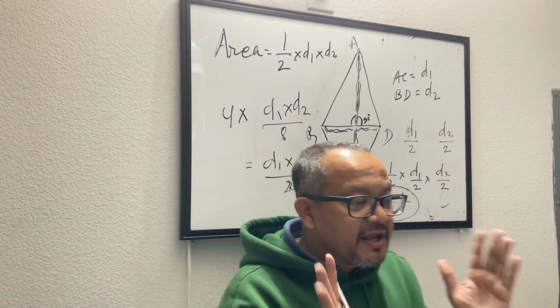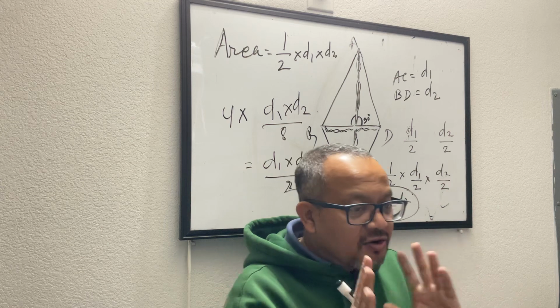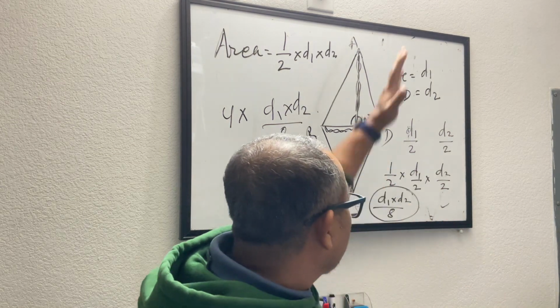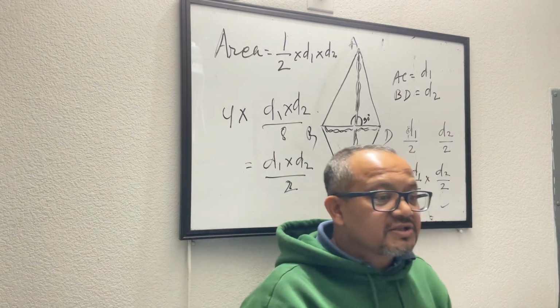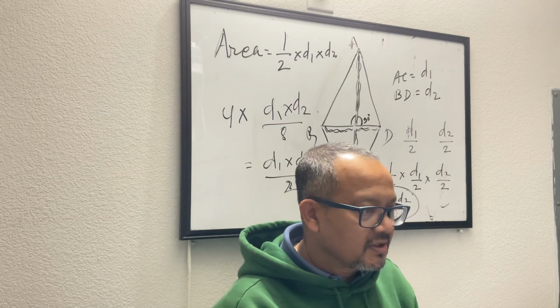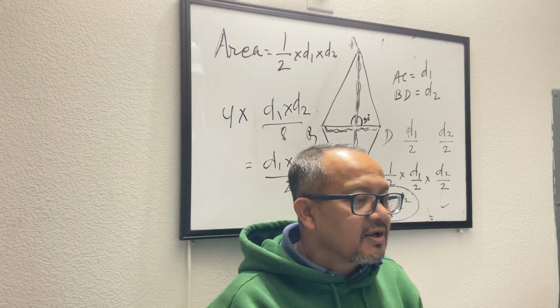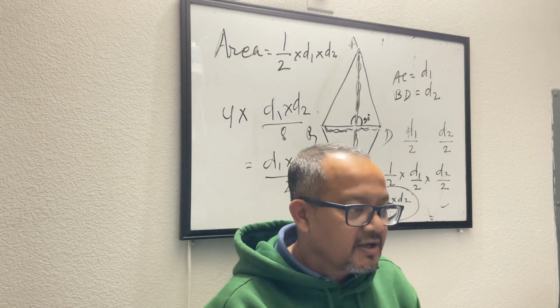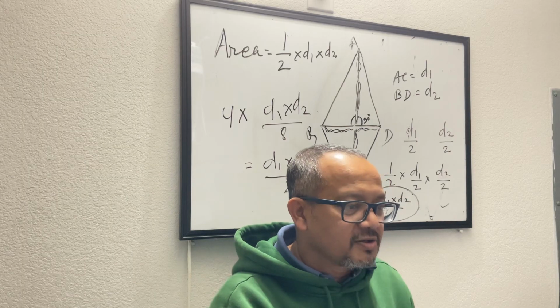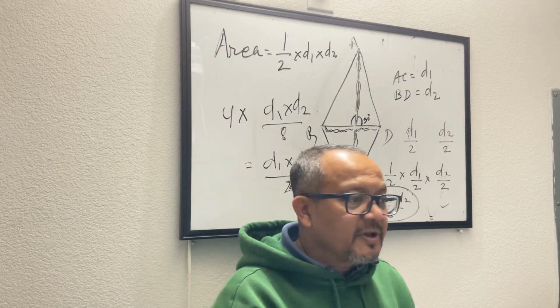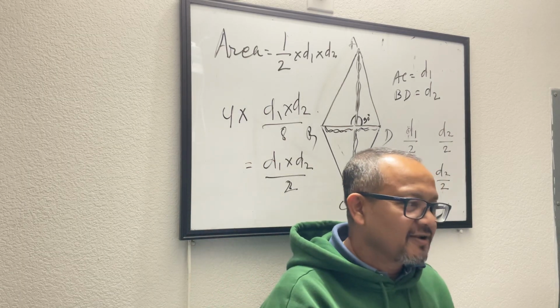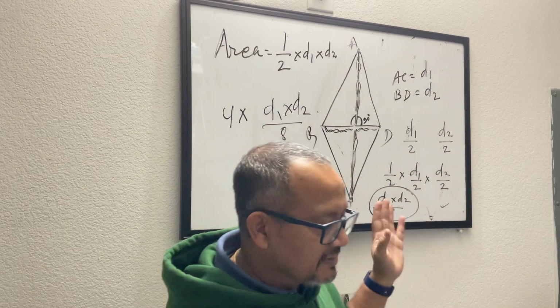Okay, but whatever I have done on the board is not for your grade. This is certainly not for you guys. It will be too deep, enough to drown, if you try to follow this concept.